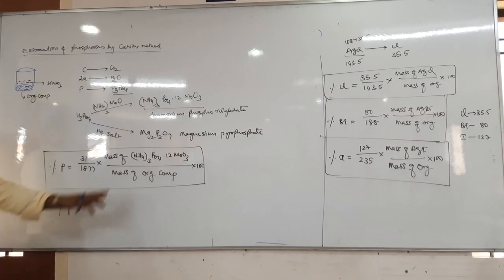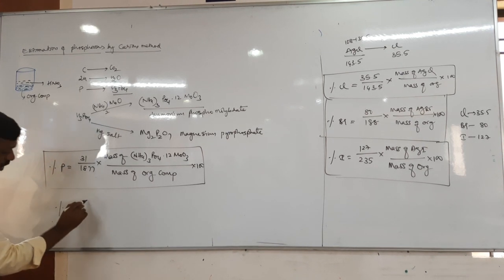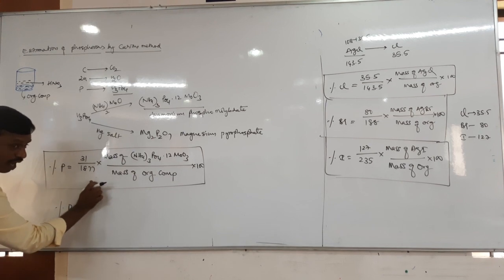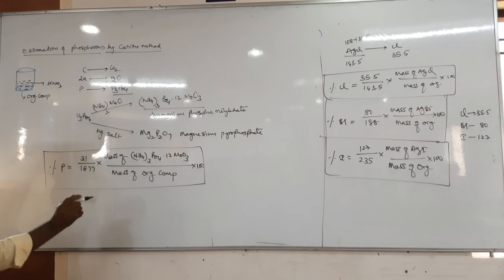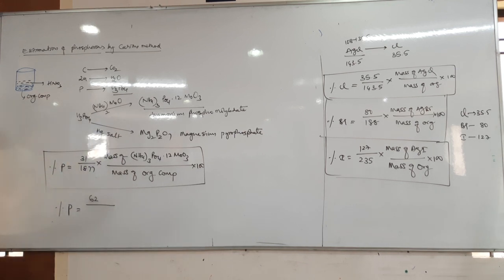Tell me, in terms of magnesium pyrophosphate. So here how many phosphorus? 2 phosphorus. So 1 phosphorus mass is 31, 2 is 62.